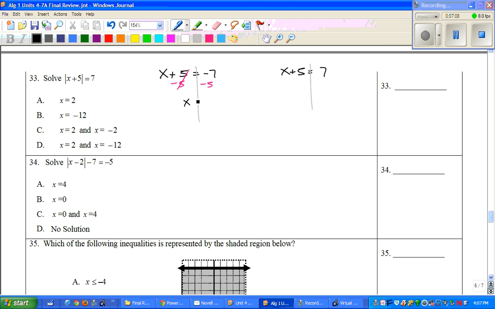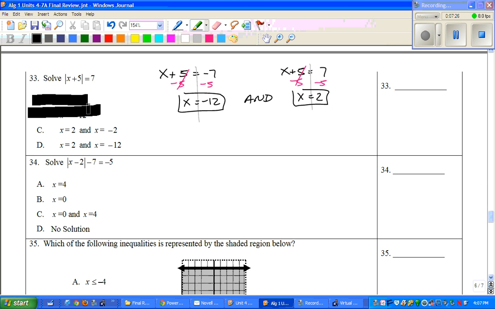So subtract the 5 and we get -12. Subtract the 5 on the other side and x equals 2. So it's not just one of them or the other, it's both of them. So get rid of those two. And the correct answer is D.